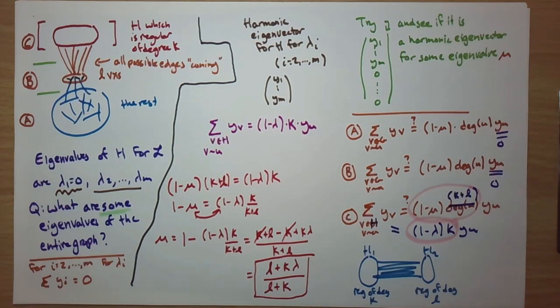One of them is a freebie, and the other one then becomes a freebie. Which one's a freebie? 0, because 0 is always a freebie. And how do we get the other one? If you know all but one eigenvalue, how can you get the last one? You can go to the trace, because the sum of the eigenvalues is the trace.